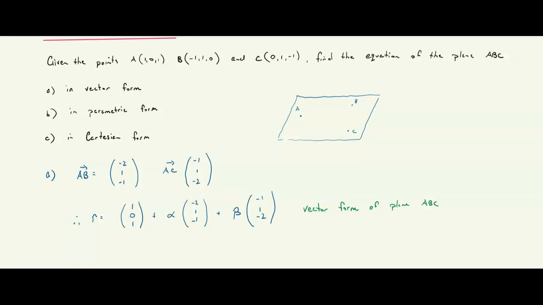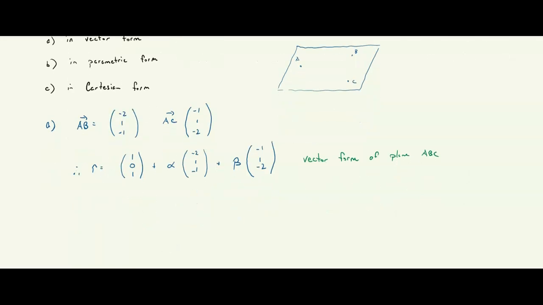We'll move now to finding the parametric form, and the parametric form is just going to be extracting x, y, and z. So R becomes x, y, z equals. So x will be equal to 1 minus 2 alpha minus beta.